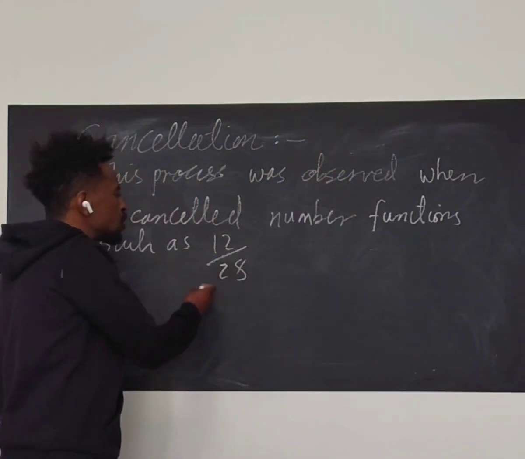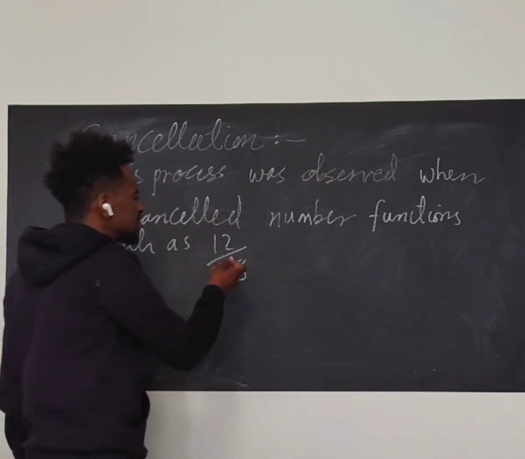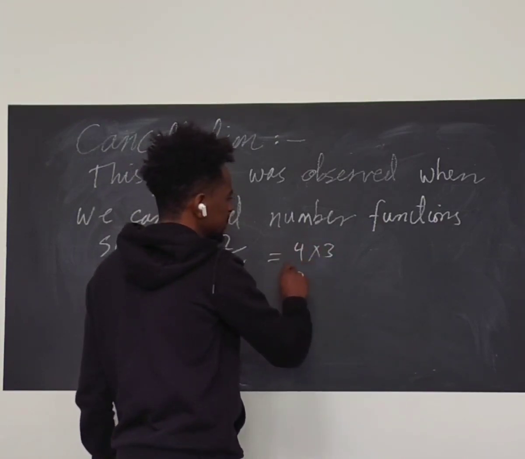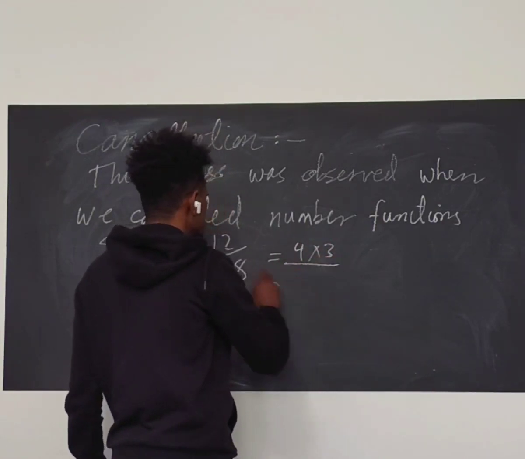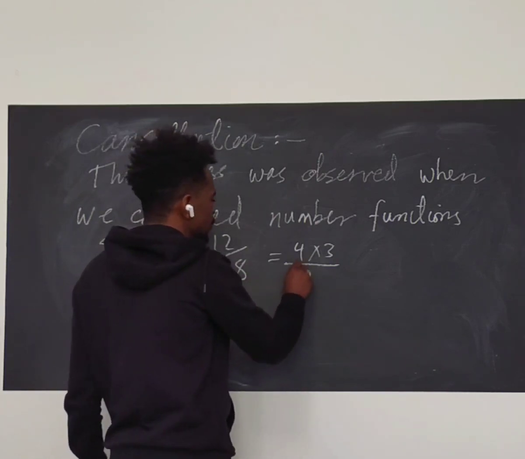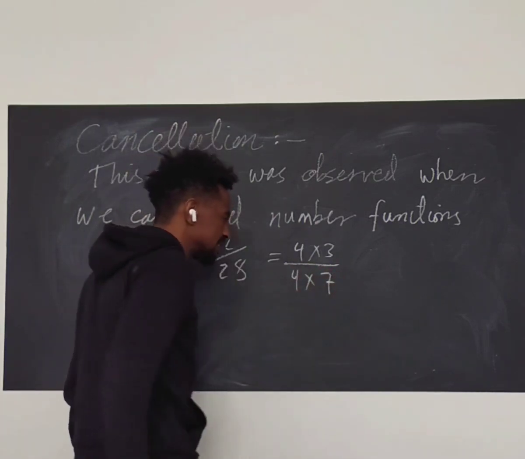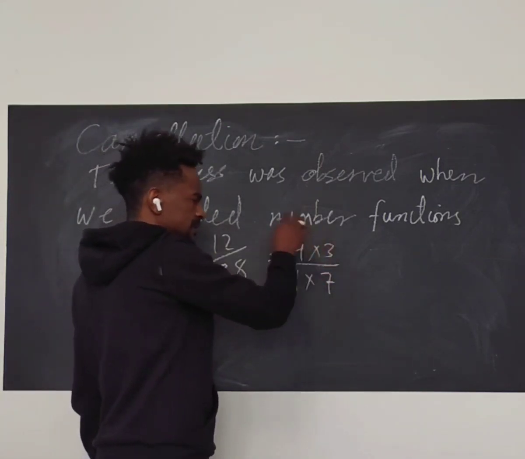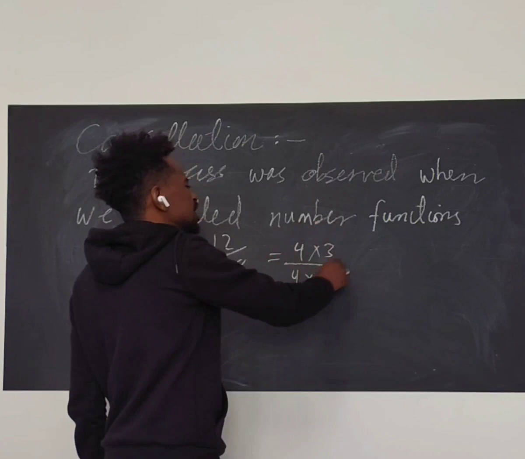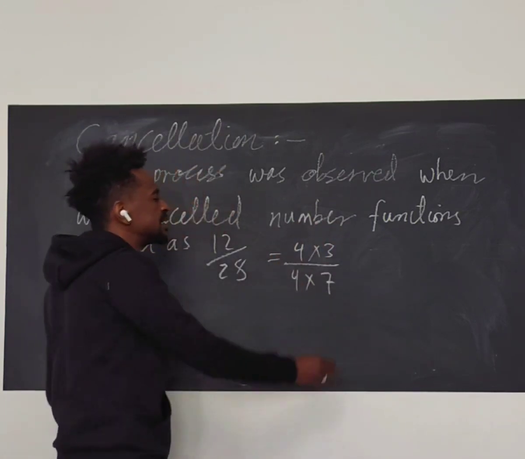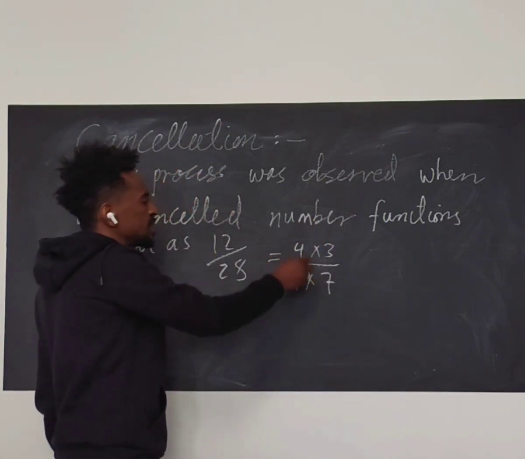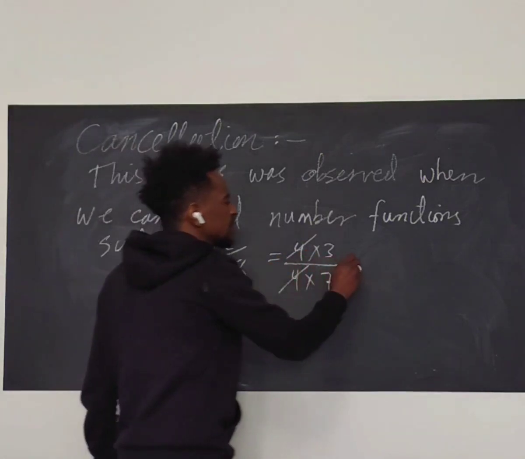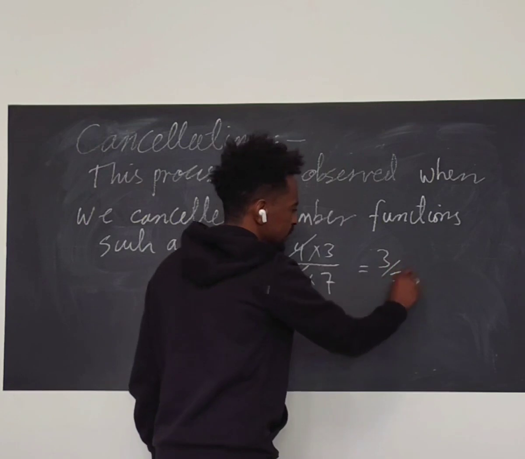So 12 over 28 is simply 4 times 3 over 4 times 7, right? So we have a common factor in the numerator and in the denominator. So we simply cancel them. So 4 with the 4, then we have 3 over 7.